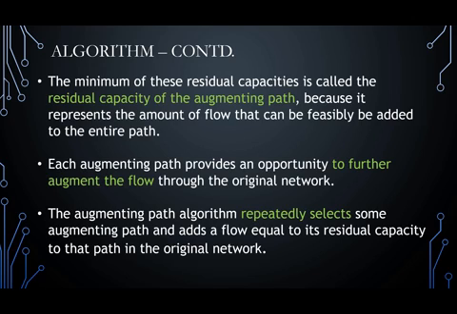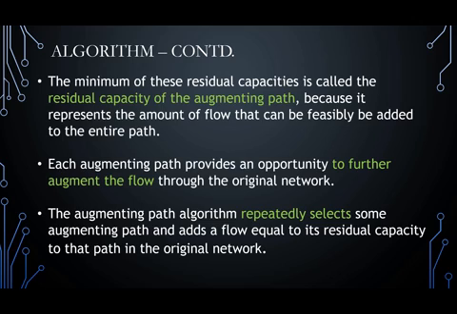The minimum of these residual capacities is called the residual capacity of the augmenting path, because it represents the amount of flow that can be feasibly added to the entire path. Each augmenting path provides an opportunity to further augment the flow through the original network.